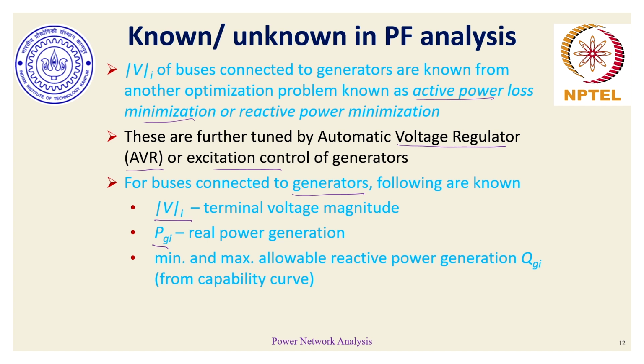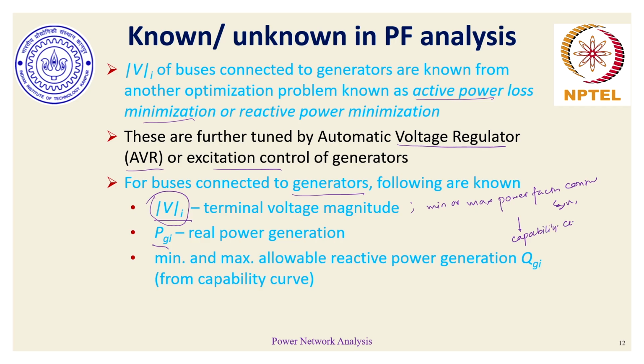And based on this terminal voltage, there's always an upper cap on the minimum or maximum power factor control which is available for a given synchronous generator, which comes from the capability curve which we have discussed.